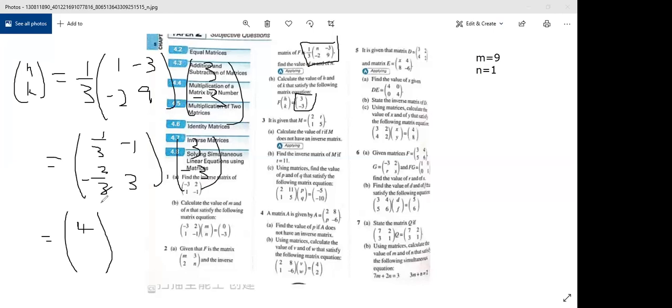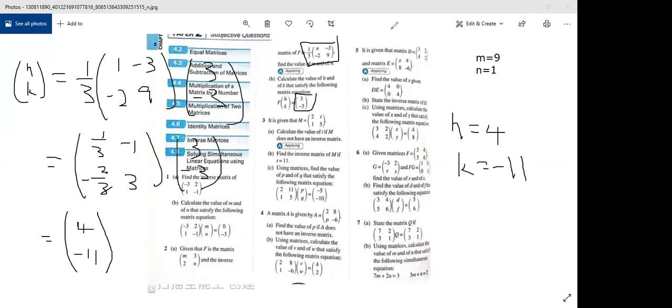So 3 times negative 3 equals negative 9. So negative 2 plus negative 9 equals negative 11. Okay, so you can get the answer like this, 4, 11. So H equals 4, K equals negative 11.